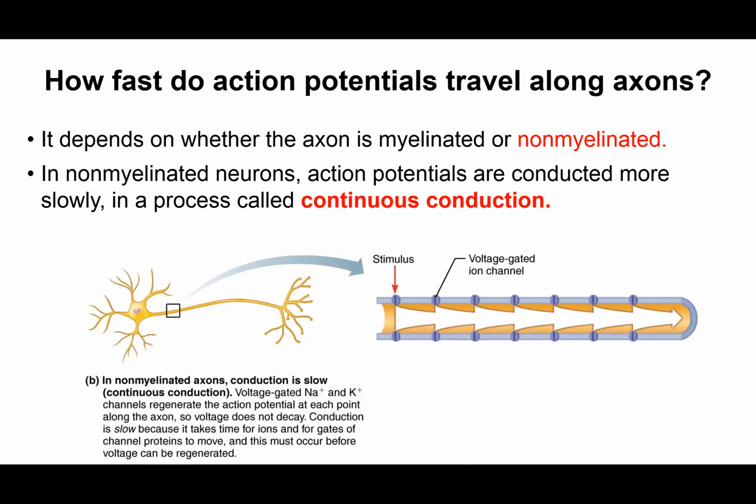The conduction is slow because it takes time for the ions and for the gates of the channel proteins to move, and this has to occur before that voltage can be regenerated. So non-myelinated neurons conduct their action potentials relatively slowly in continuous conduction.